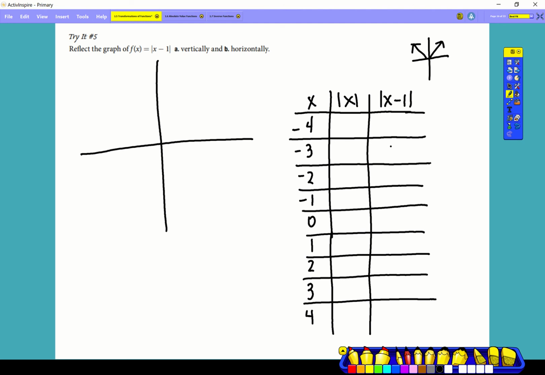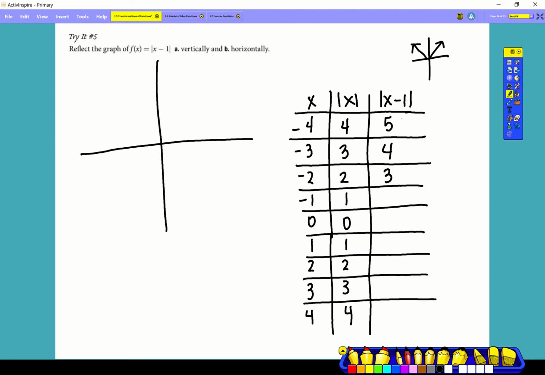So we know that the absolute value of x is going to give us a positive value. So it makes that negative value positive. Now when we subtract 1, so it will be 5, 4, 3.